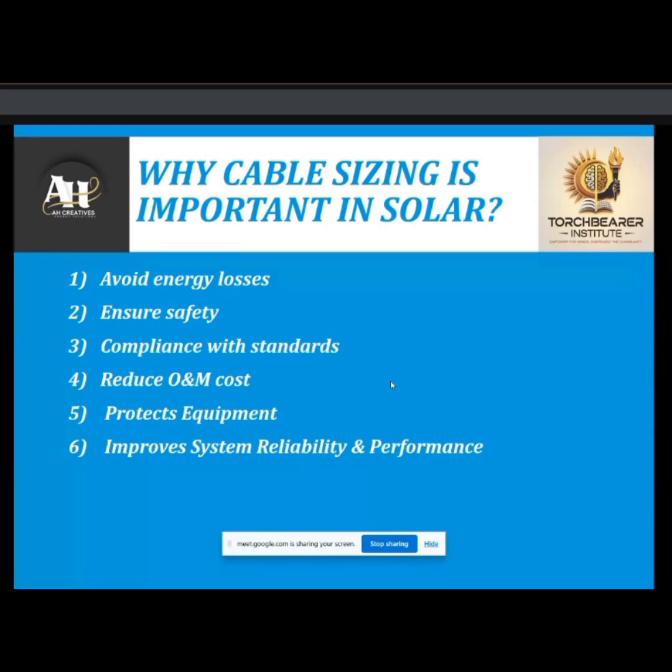The other point is that it protects equipment. When the cables are properly sized and do not burn for many reasons, this will definitely help equipment protection also. The other point is improved system reliability and performance.